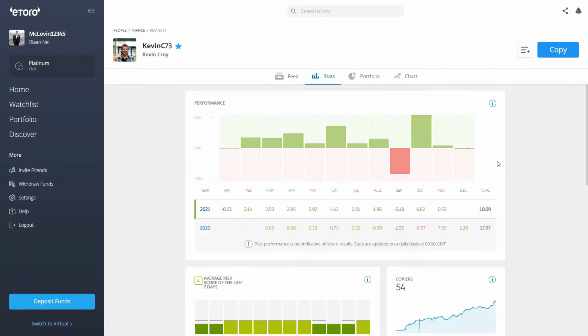The stats page. All right. Now this is quite nice. You can see that this guy has been on the platform since March of last year. So a lot of these returns could have been, if he bought at the pandemic low, then he would have seen this gain, look at this. So 8% in April. So he bought in when the market was pretty low. So a lot of this gain, but he kept that during this year.